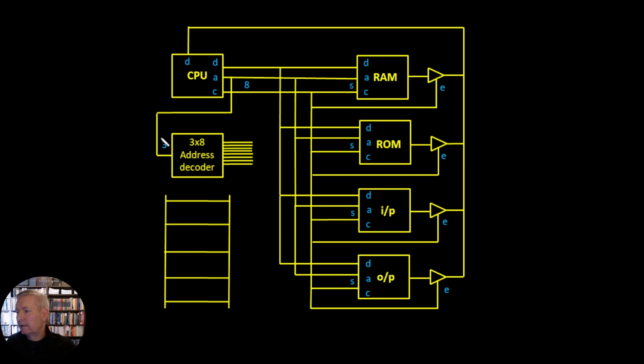Now, because we've taken the top 3 bits here, we're going to have the 3x8 decoder, so we're going to have 8 possible outputs here that control which one of these we talk to. So the first one will talk to one of these devices, which would be 32 bytes, and then all the way down to the 8th one, which would talk to 32 bytes as well.